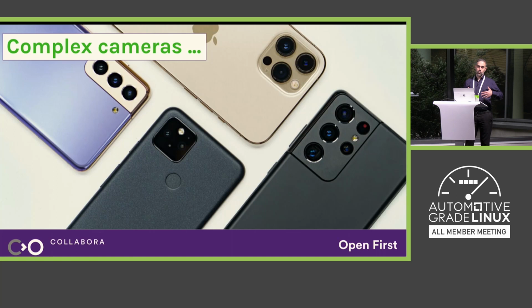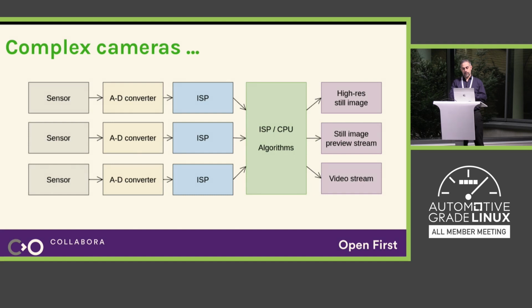Nowadays, we have more complex cameras. Like in our phones, we will see the back of the phone has 3, 4, 5 different sensors. They're not actually different cameras, but different sensors of the same camera. So they have different properties and they capture light differently. And that needs to be converted individually to individual images that then need to be processed together in order to create a final image or image stream.